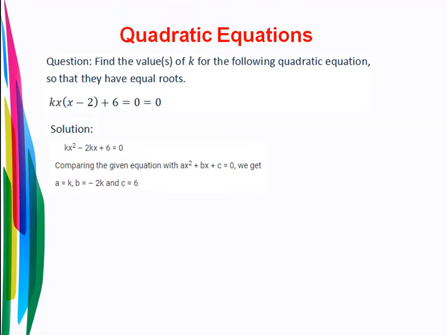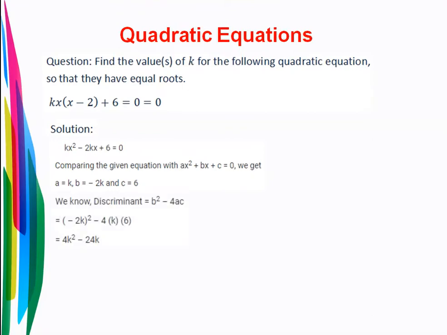When I have kx square, you should understand that k cannot take the value 0. Why? Because if k becomes 0, then it will no longer be a quadratic equation. So as soon as you have such a question, you should understand that k cannot be 0. Again we compare the equation with ax square plus bx plus c equal to 0. I get a equal to k, b equal to minus 2k and c equal to 6.